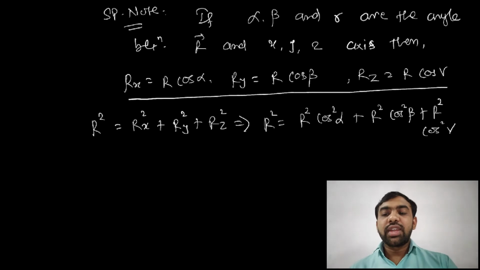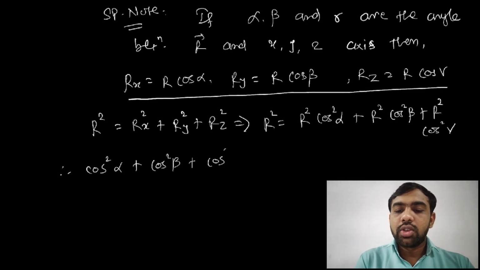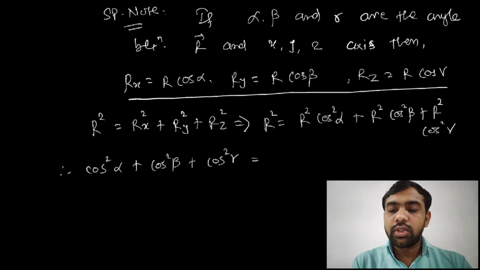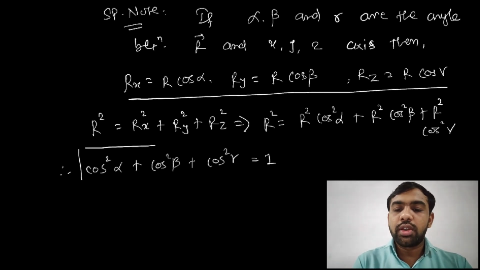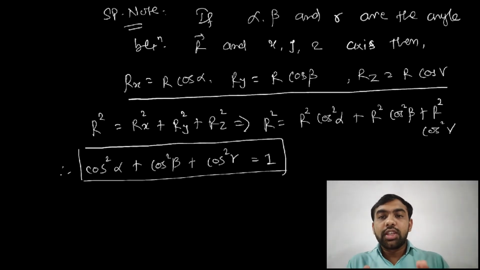Now r square cancels out from both sides, so what remains is cos square alpha plus cos square beta plus cos square gamma, which is equal to 1. This is a very important result, and it is useful to use this equation directly in an example. All of you note it.